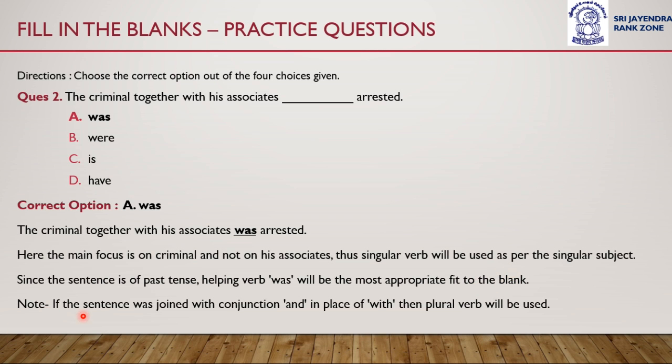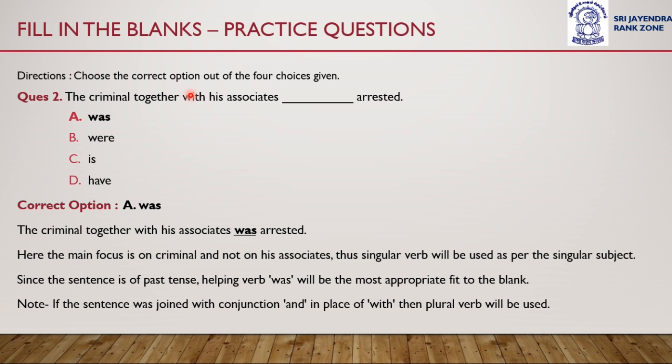Note, if the sentence was joined with the conjunction and in place of with, then a plural verb would be used. So instead of with, if and had been mentioned in the sentence, then we would have used a plural verb. Okay, were would have been used instead of was if the criminal and his associates were connected with the conjunction and.